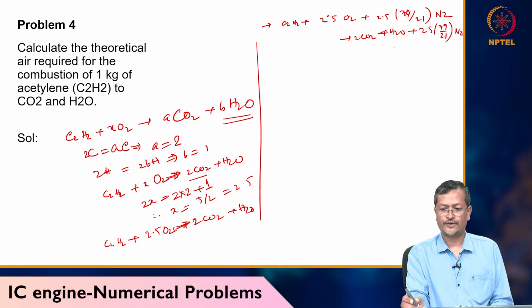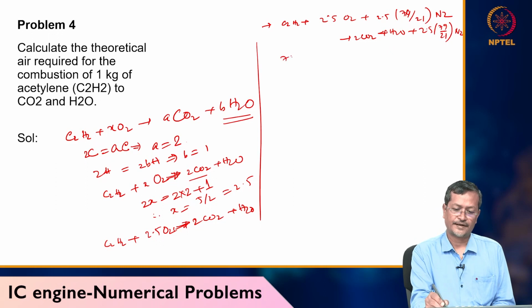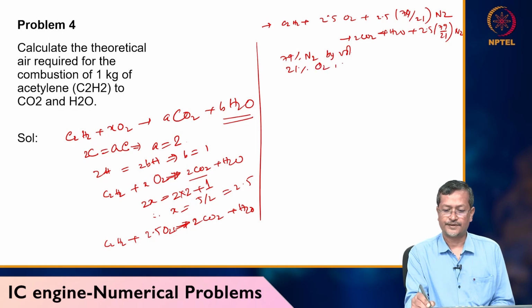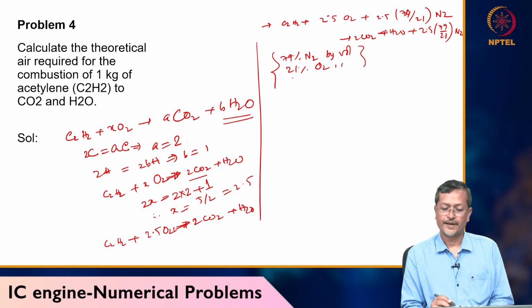Why 79 by 21? Because air has 79% nitrogen by volume and 21% oxygen by volume. So this is the mole ratio.